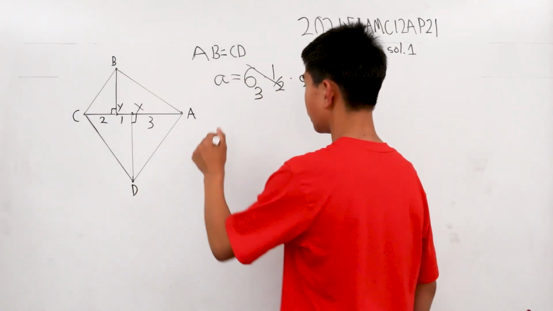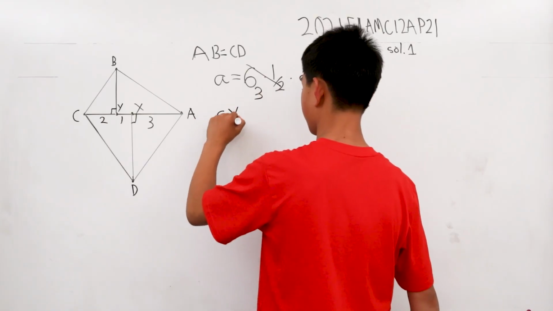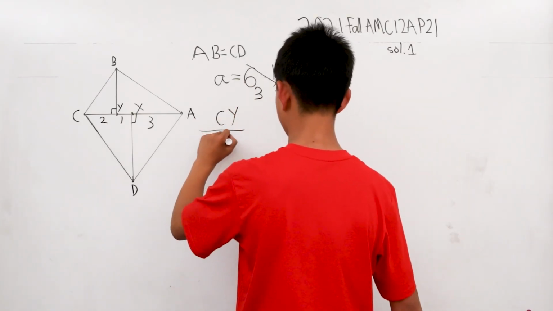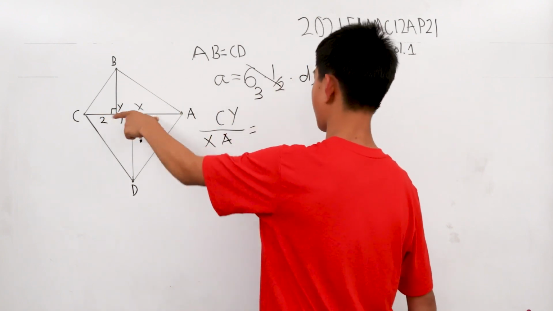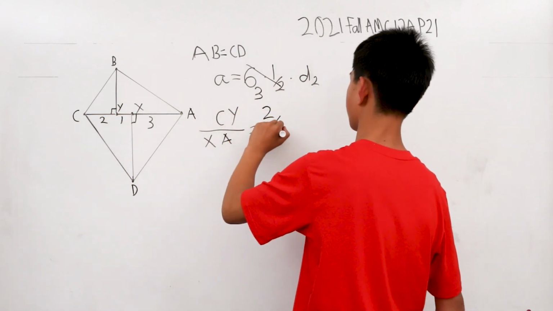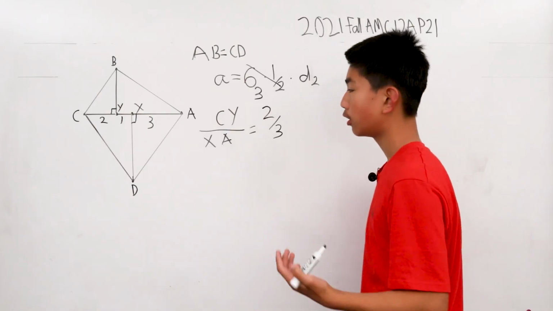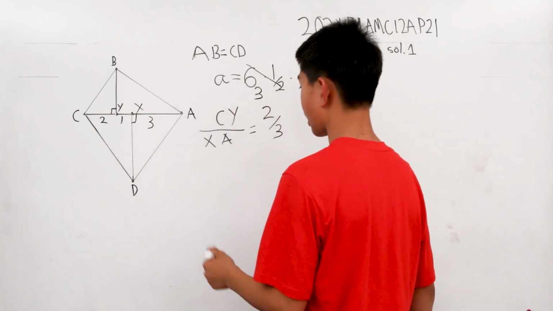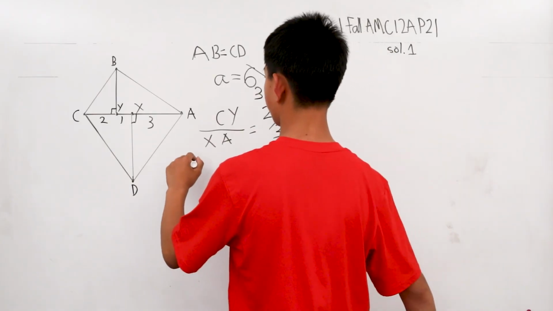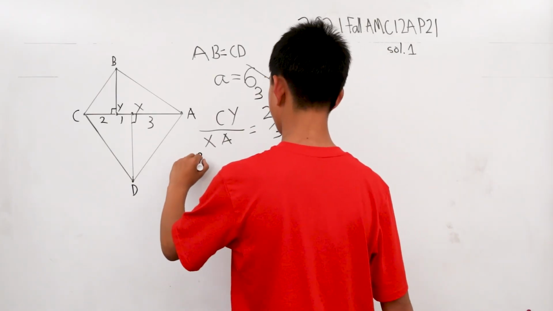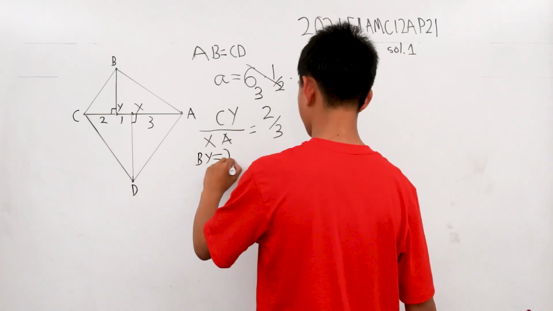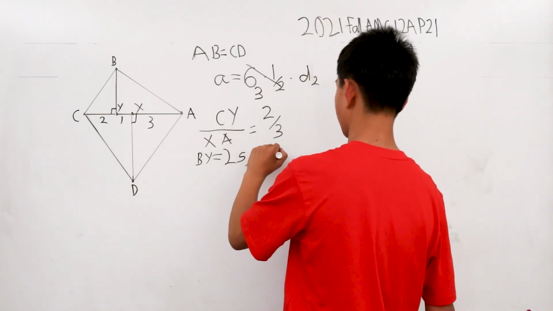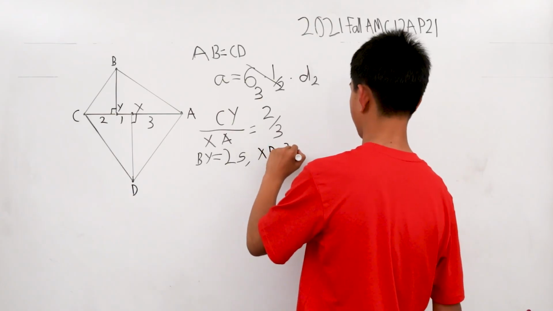So therefore, CY over XA, we have these two lengths, so that's 2/3. Therefore, we can assign variables to these, where BY is equal to 2 times a constant S, and XD is 3 times a constant S.